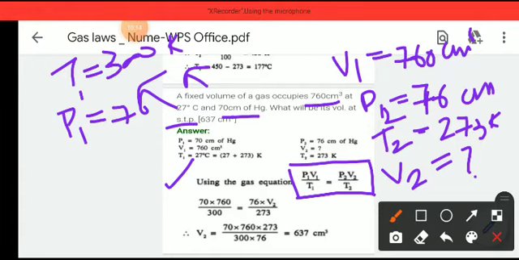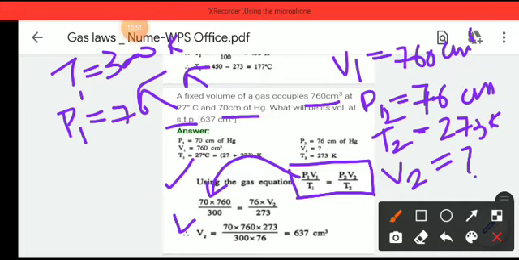I have already said that don't put the values in the first line itself. First derive the equation for V2. V2 will be P1 V1 into T2 by P2 into T1. Then put the values of the given parameters, and you will find the value of V2.